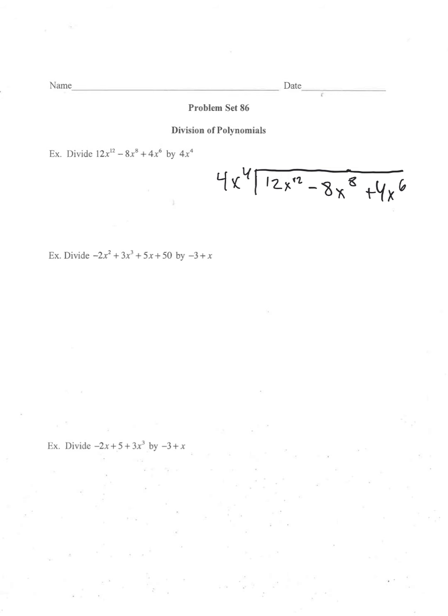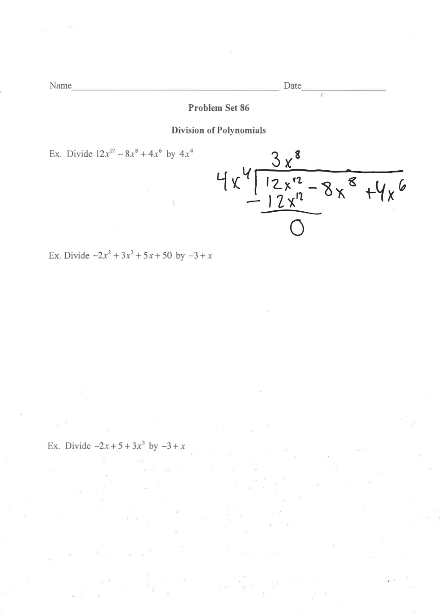Well, 4 goes into 12 3 times, and if you divided 12x to the 12th by 4x to the 4th, you'd get 3x to the 8th. So then you'd do 3x to the 8th times 4x to the 4th, and you end up with 12x to the 12th.